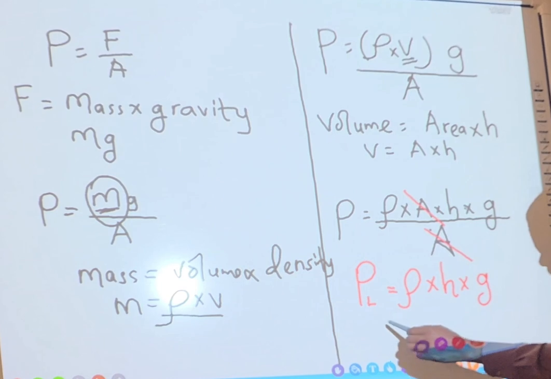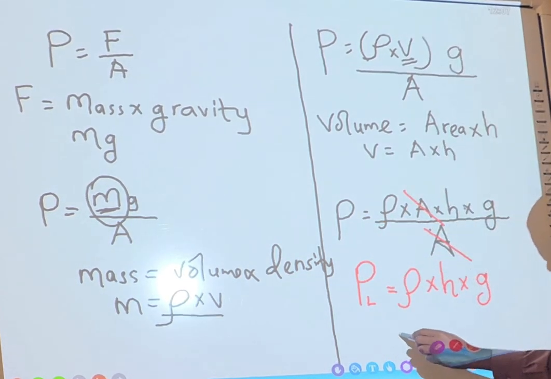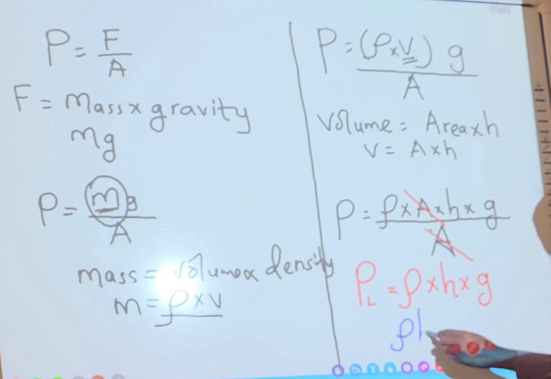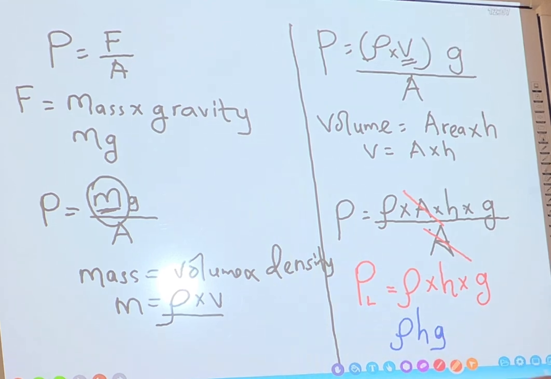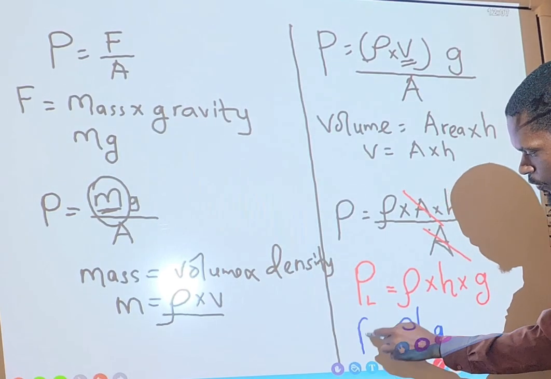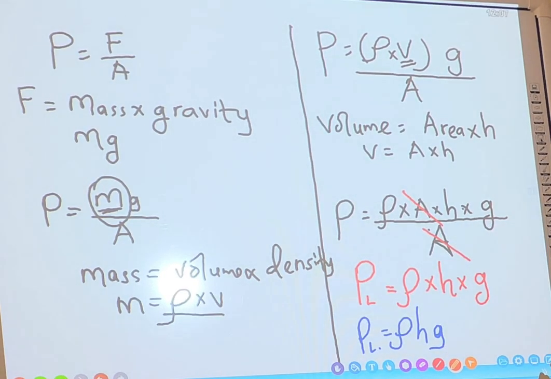So finally, you rewrite it as rho H g. You can rearrange, you can start with g, with H, or with rho; any order is okay. So pressure in liquid is given as rho H g. You can also say H rho g. This is the common and easiest way of writing it.